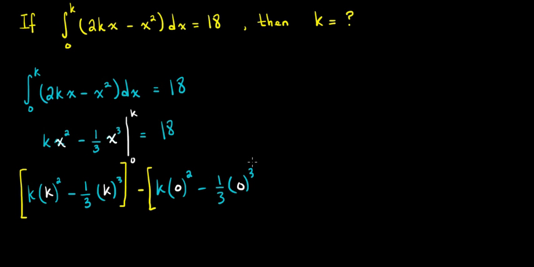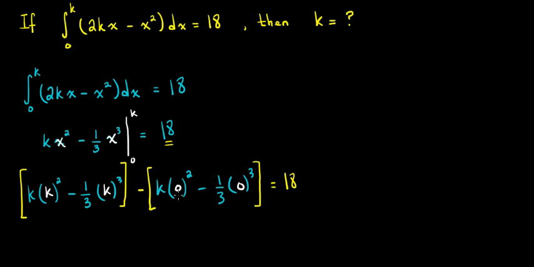I can close this off, and we know that this should equal 18. So what we have now is just an equation to solve for k, and we're practically done. The calculus part is over with. What we now need to work on is our algebra here.